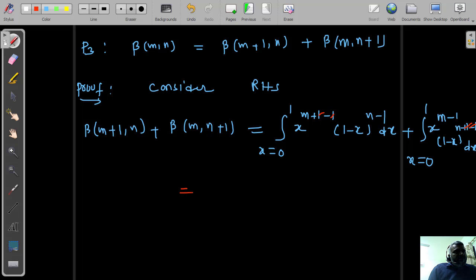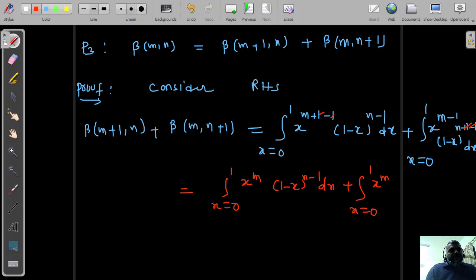This equals: the leftover part in the first integral, x from 0 to 1, x power m multiplied with 1 minus x power n minus 1 dx. Again in the second integral, the leftover part, x from 0 to 1, x power m minus 1 times 1 minus x power n dx.